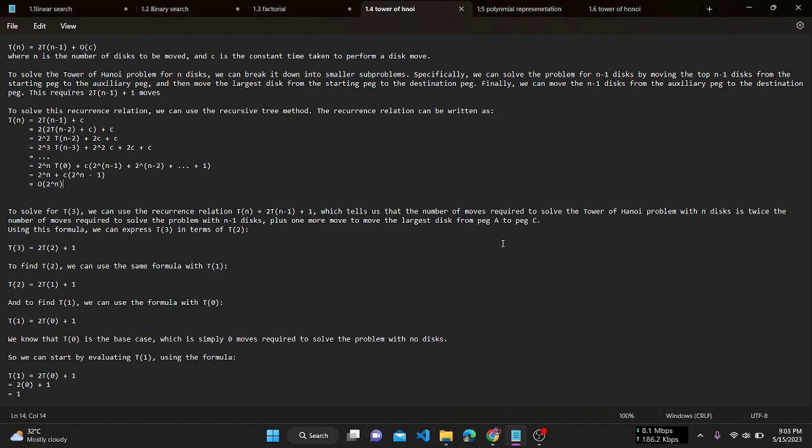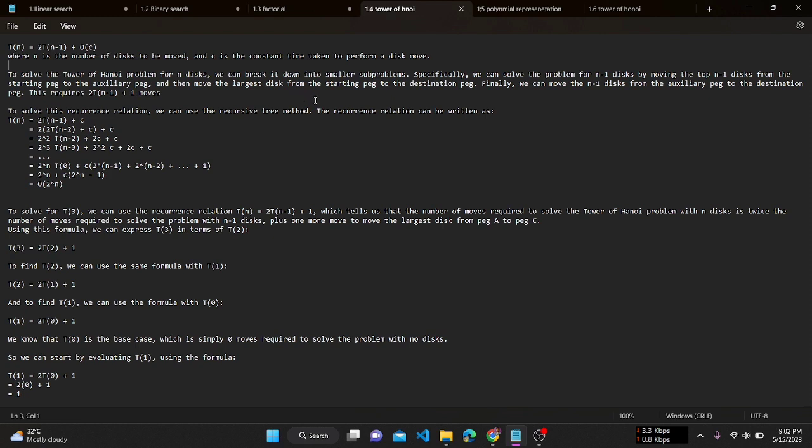To solve for T of 3, we can use the recurrence relation T of n is equal to T of n minus 1 plus 1, which tells us that the number of moves required to solve the Tower of Hanoi problem with n disks is twice the number of moves required to solve the problem with n-1 disks, plus one more move to move the largest disk from peg A to peg C.